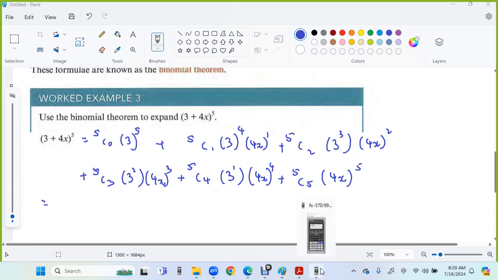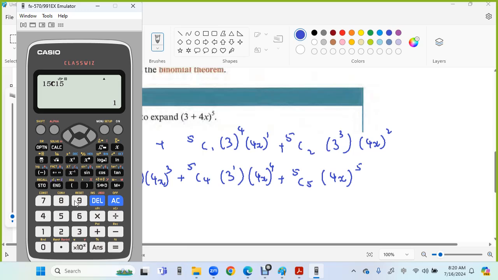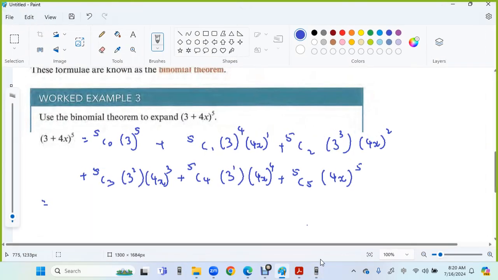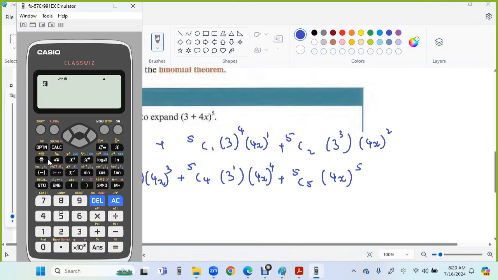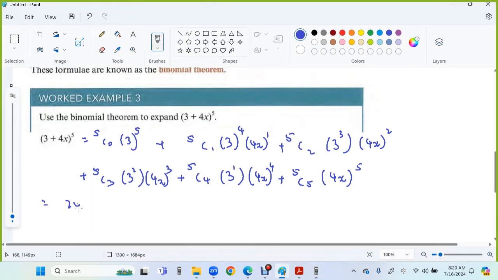So we will have 5C0, 3 to the power 5, and so on.